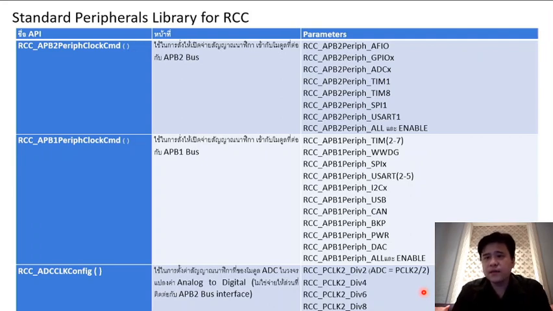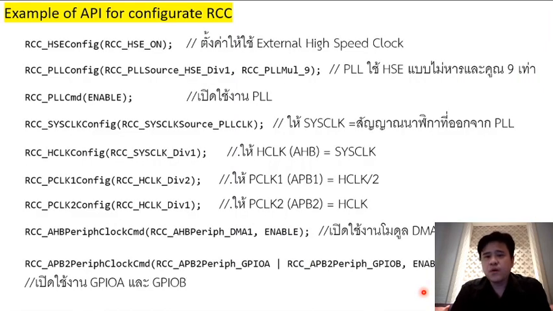Okay, so let's go through our examples of RCC configuration. The first one, if you use RCC HSE configuration and we pass RCC HSE on, it means that right now you would like to open your HSE. Then you can do the RCC PLL configuration like this one.